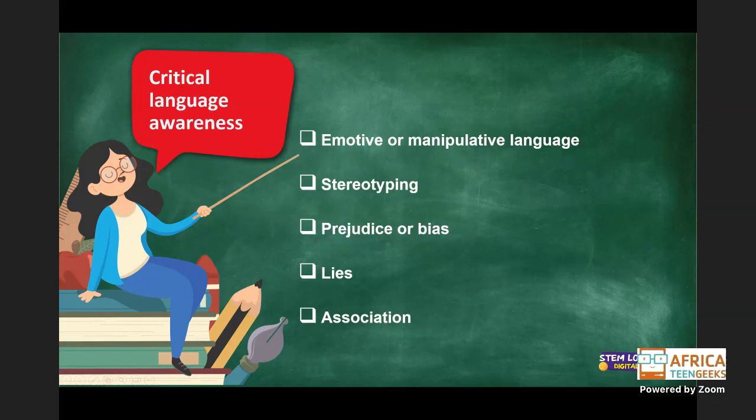And so lastly, association. So that's when two things are associated in your mind. So you may feel that they go together. So for example, if you are told about beautiful people who use a certain deodorant and who have lots of fun, you're being asked to believe that if you use that deodorant, for example, you will become like those beautiful people and have lots of fun.